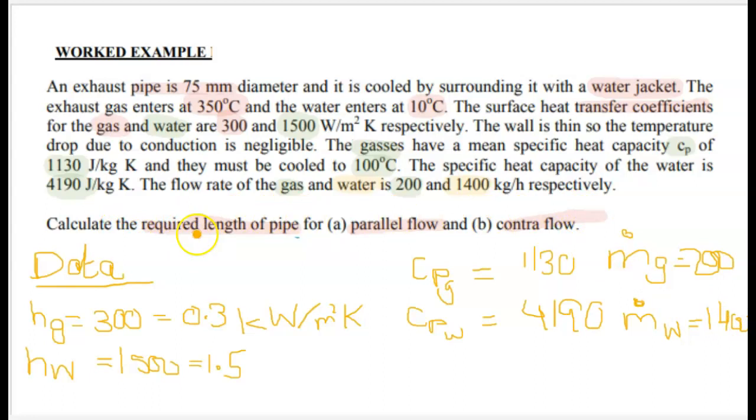Find the length of the pipe. To find the length of the pipe, the first thing we need to do is find the value of the U coefficient, the overall coefficient.